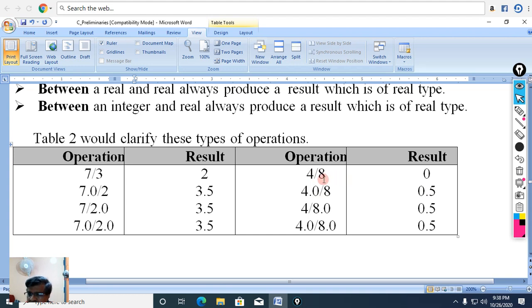It should be 0 point something really speaking, but no, it doesn't happen. 4.0 divided by 8, because this is a real value and this is an integer value, the entire expression will be converted into real. Therefore, you will get 0.5. It could be 4 by 8.0 also, or 4.0 by 8.0, anything.